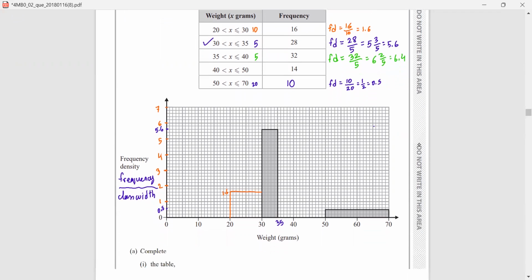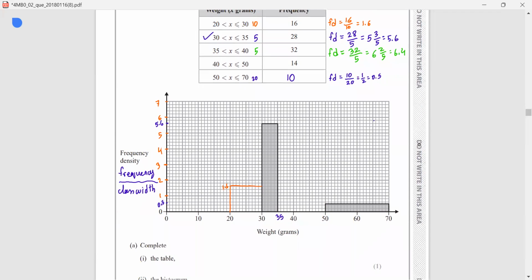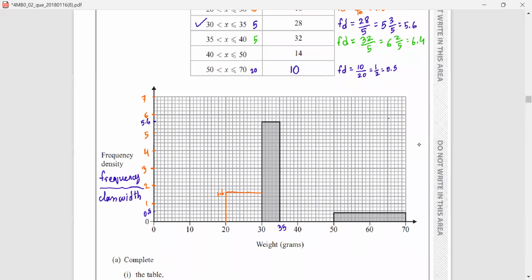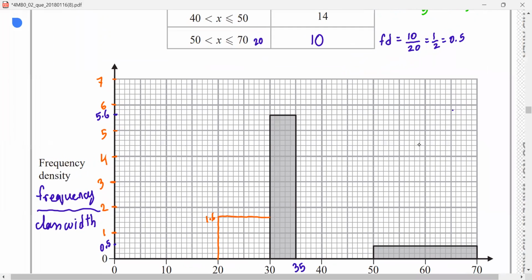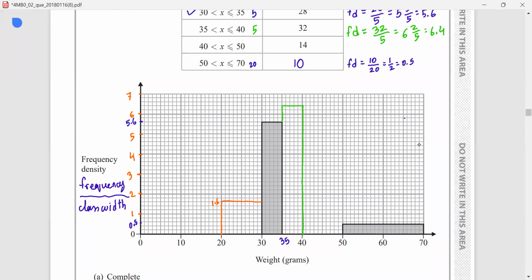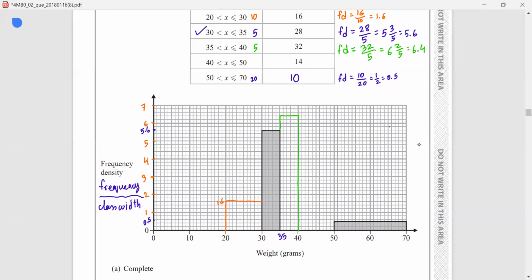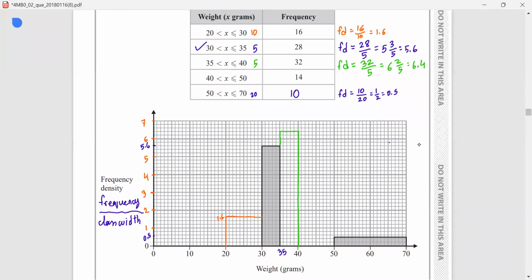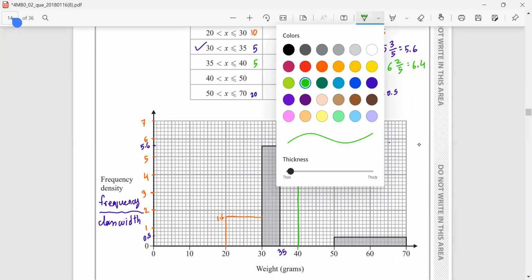So for class interval 35 to 40, height of the bar will be 6.4. Okay, so we have drawn two bars.